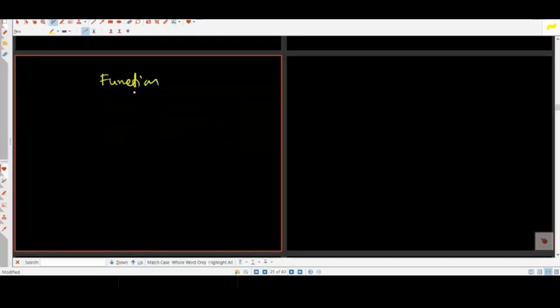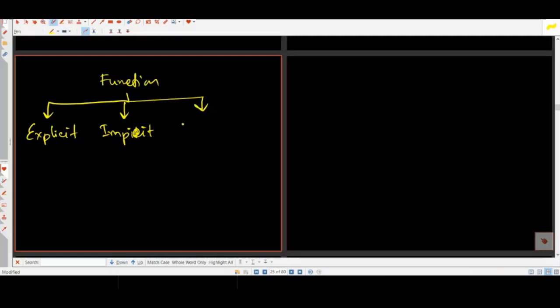So suppose we have explicit function, we may have implicit function, we may have logarithmic or exponential function, we may also have parametric function. So we need to understand what does it mean by explicit function, implicit function, logarithmic function, exponential function, and parametric function.